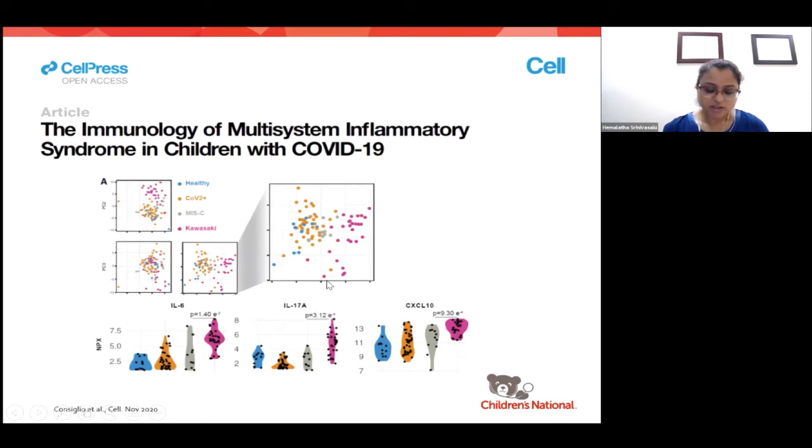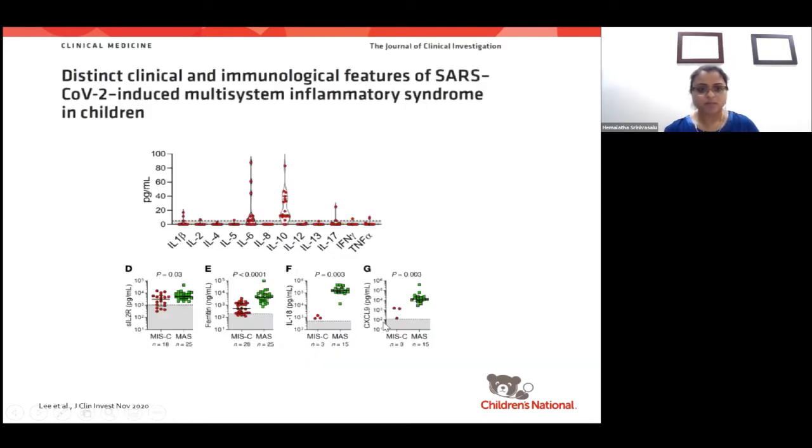There is a distinction in the plasma proteins between MIS-C and Kawasaki disease, as is described in this principal component analysis, where the gray dots represent the MIS-C patients and the pink dots represent the Kawasaki patients. The proteins that were notably different were IL-6, IL-17A, and CXCL10, with most of these being increased in Kawasaki patients.